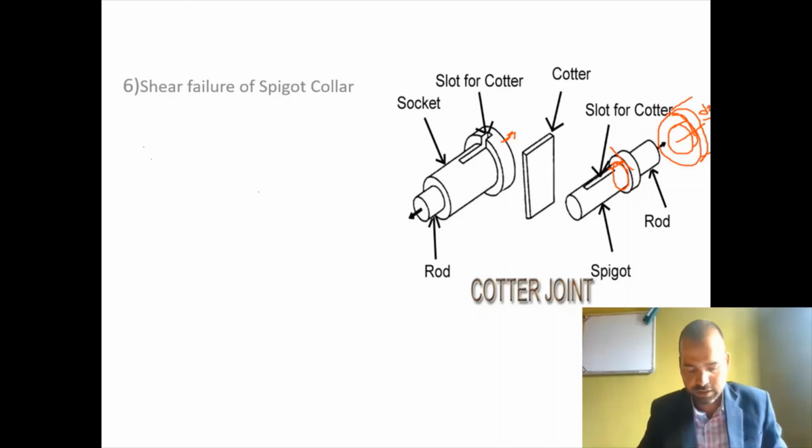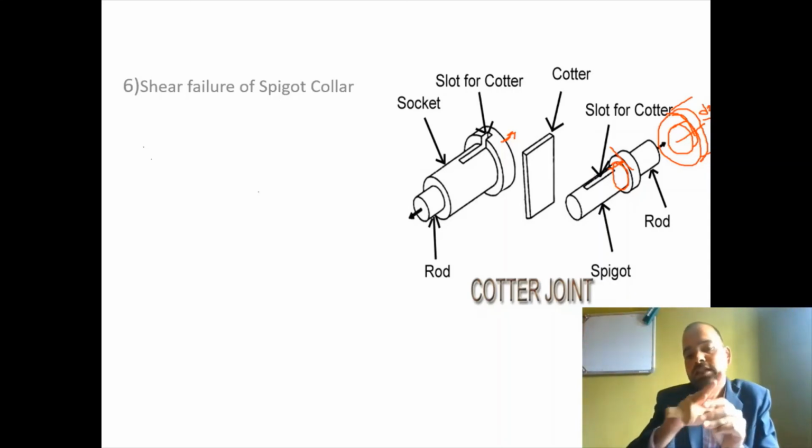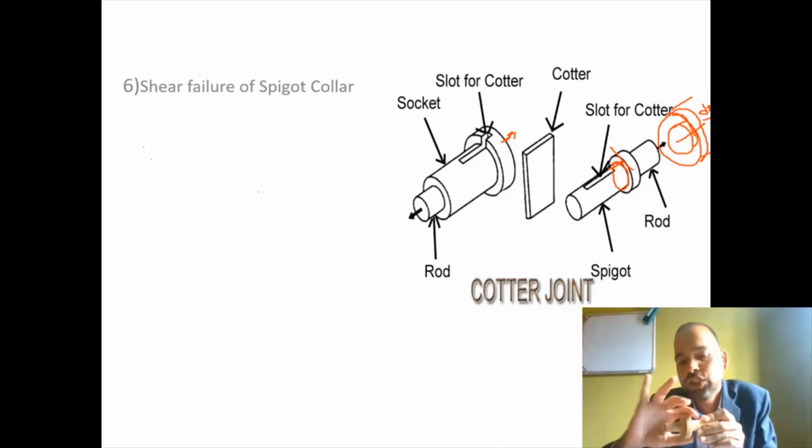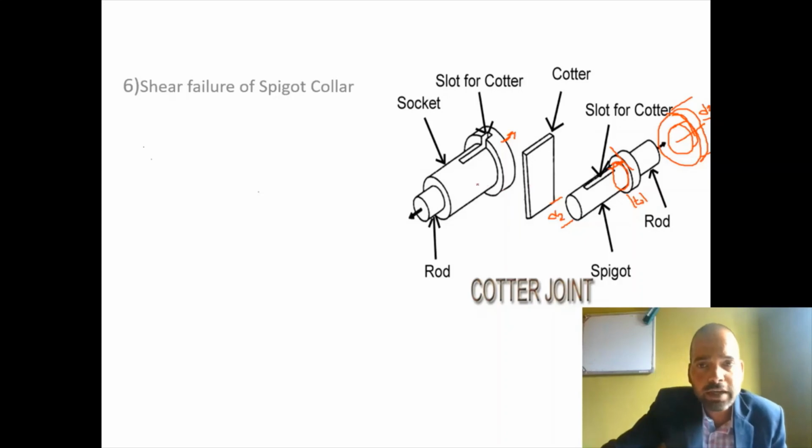If you consider this much collar will get sheared off when it is constantly subjected to compressive force, this will come out sheared off from the surface of the spigot rod having diameter D2, right? So what will be the surface area or circumference of that? Now if you see, this is thickness T1. So what is the circumference which is subjected to the shear failure?